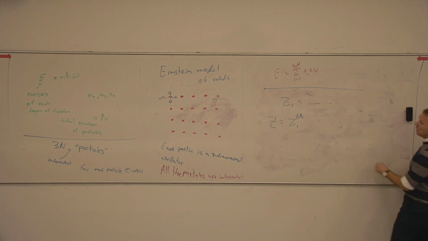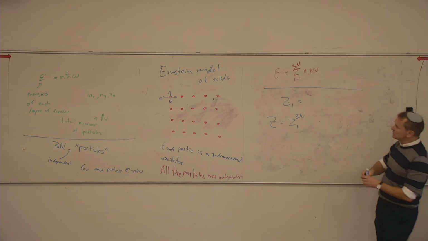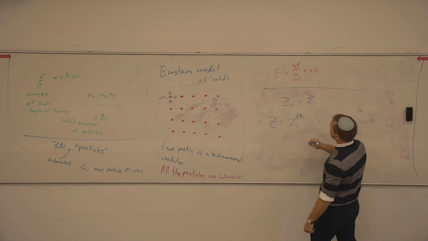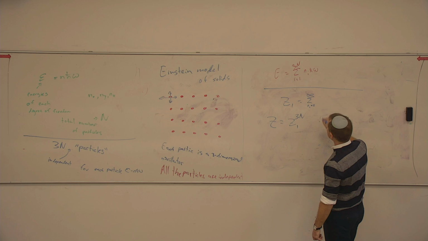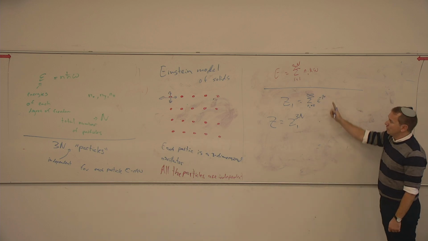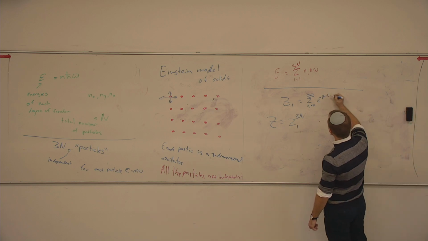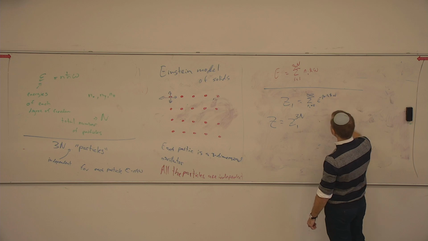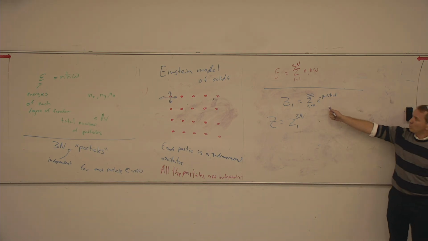What is Z1? Remember, I'm going with n1 from 0 to infinity, e to the power minus beta, and here I put the possible energies of this degree of freedom. So it is n1 h bar omega. This is Z1. What is this?